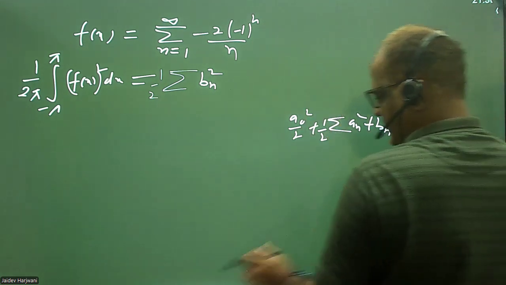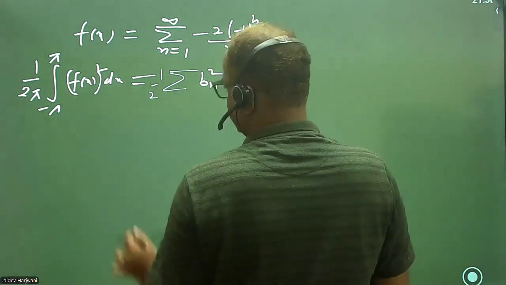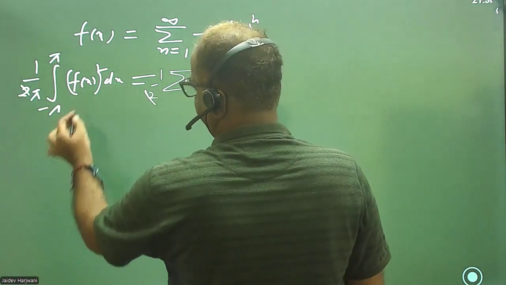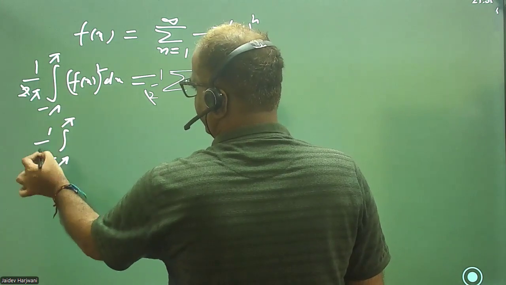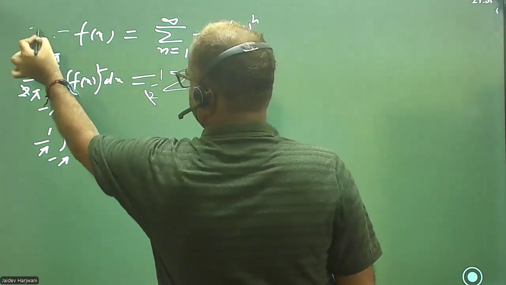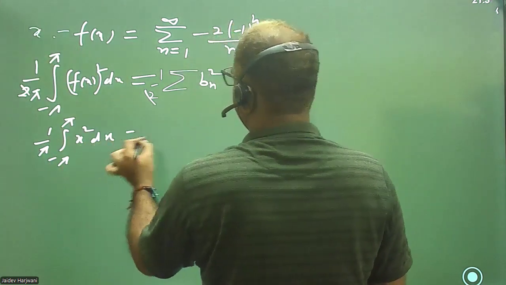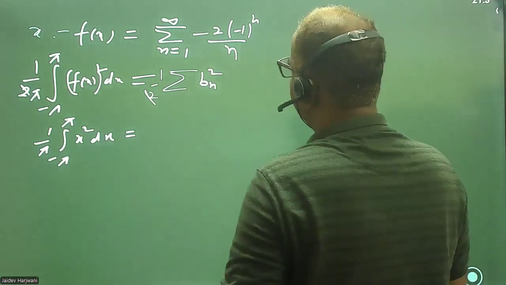But a naught is 0 and an square is 0, so I'm only writing bn square. Again the 2 will also cancel. So now f(x) square is 1 upon pi, integral from minus pi to pi, and f(x) is x, so this would be x square dx.